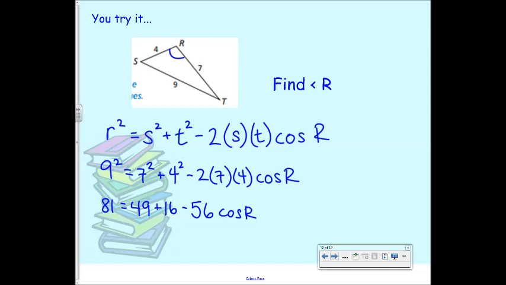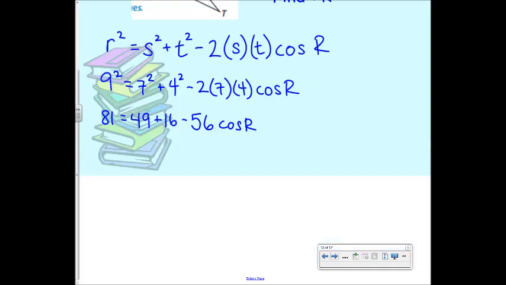All right, now, what are we going to do here? I would write this down because this is where I think, if I had to guess, 90% of people make mistakes on this part. 49 plus 16. Okay, so you've got to do 49 plus 16, which is 65.